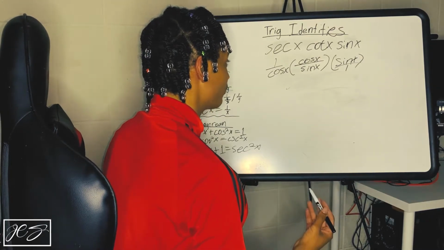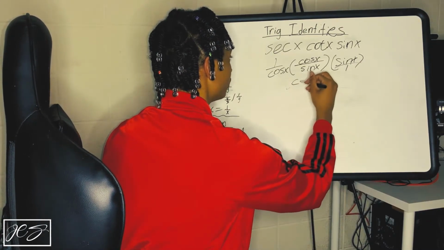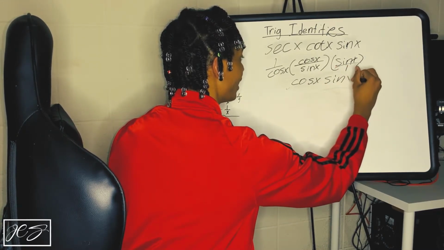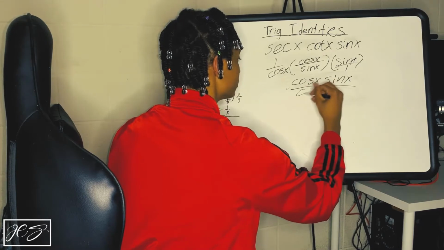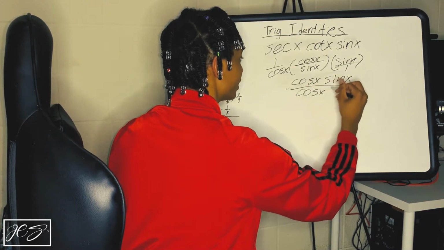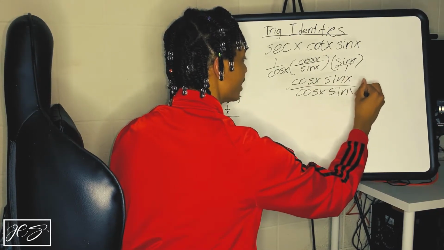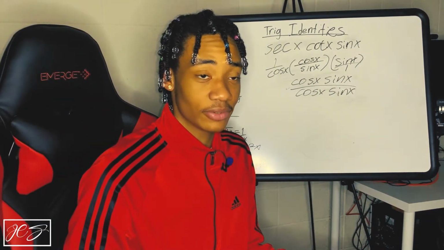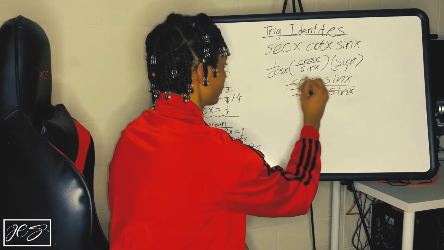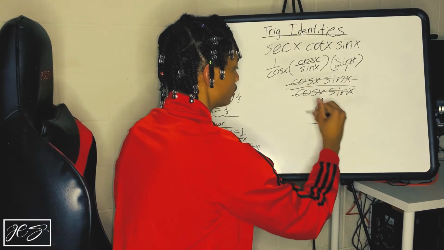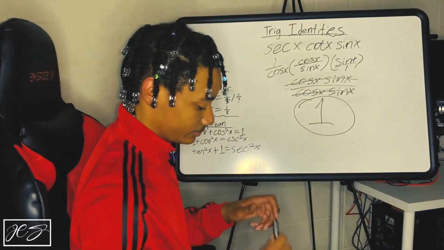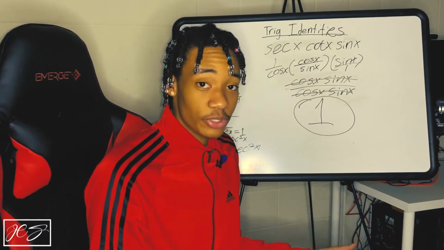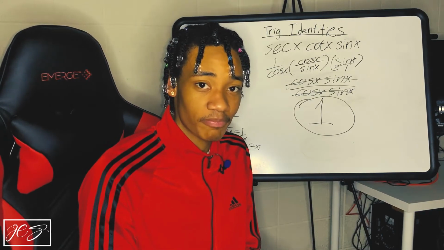And if we combine everything, we will have cosine x times sine x all over cosine x times sine x. And what happens when one thing is divided by itself? One.